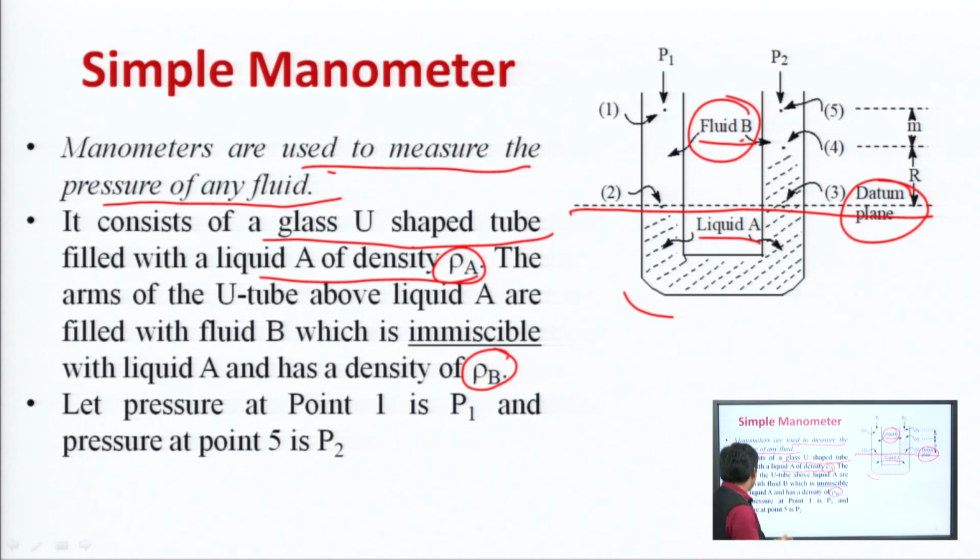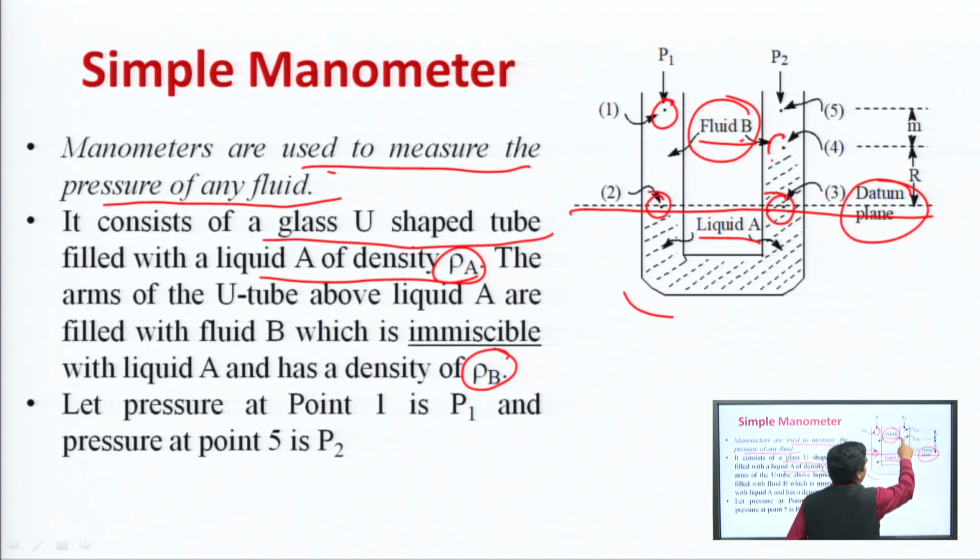I think this much is clear to you. Now if you again look at the diagram of the simple manometer, there are 5 points: point number 1, 2, 3, 4 and 5. All 5 points have different pressures.